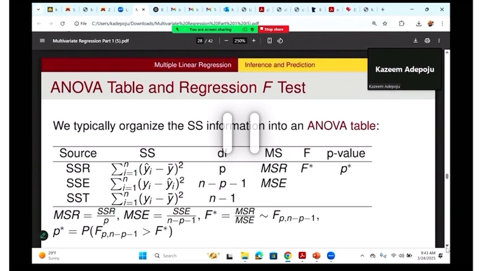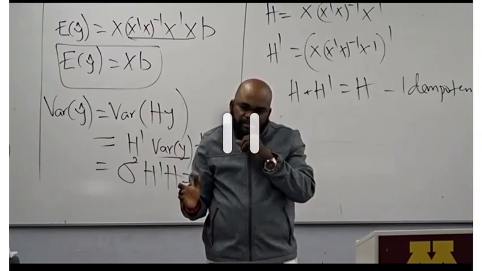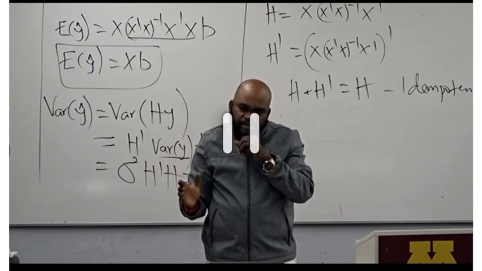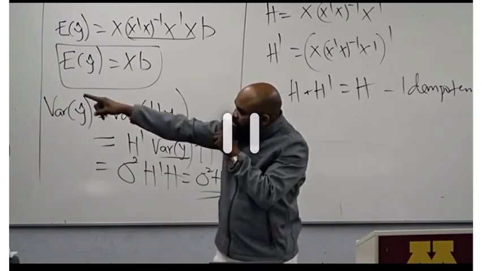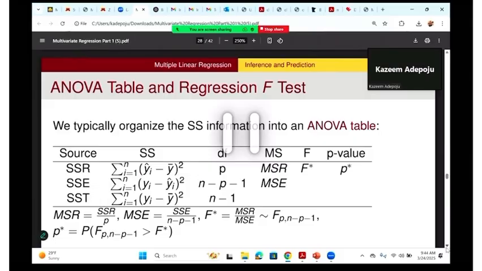That is why, if you take a look at what I'm displaying right now, this ANOVA table for regression is what we normally use when we want to test how significant the overall parameters in my model are. I'm going to say that again. If I want to test how significant the overall parameters in my model are, we normally use ANOVA, we use the F-test in regression.